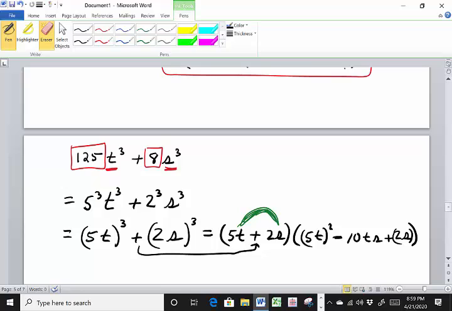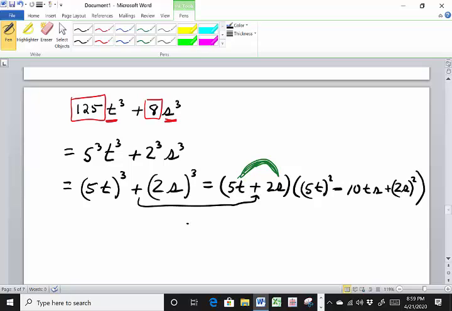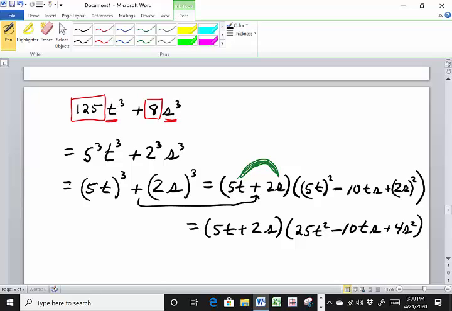Let me erase that. It should be 2s to the 2nd power. So plus 2s to the 2nd power, and then close that bracket there. Alright, so let's simplify this a little further. So this is just 5t plus 2s, and then 25t squared minus 10ts plus 4s squared. Okay? And that's it.